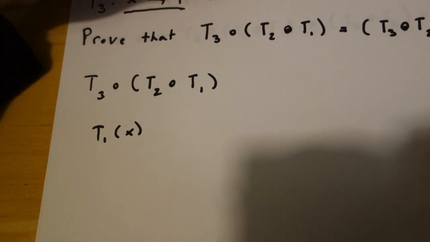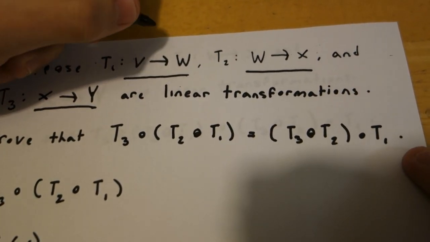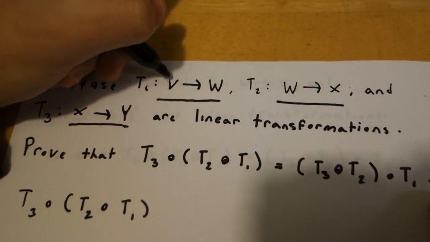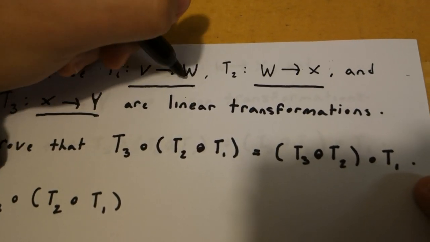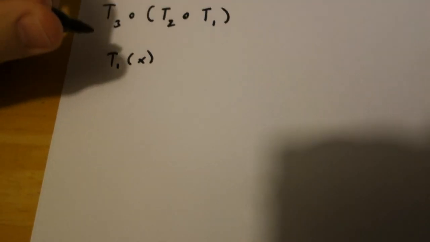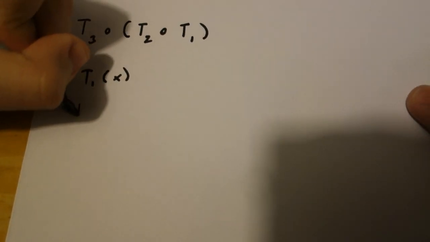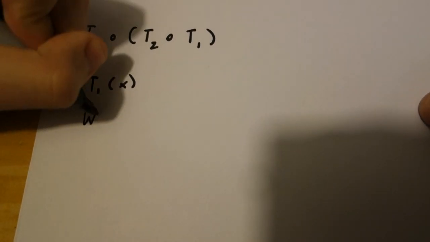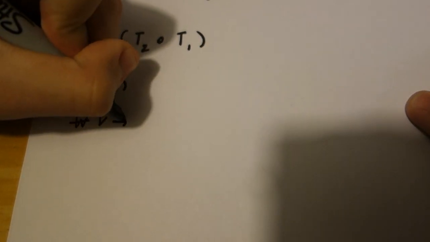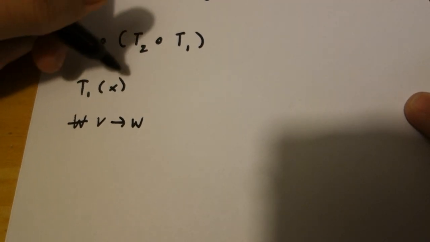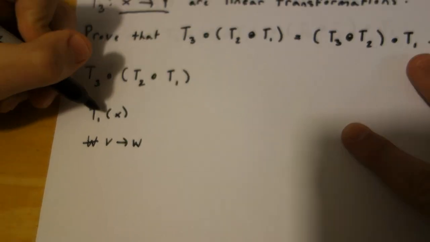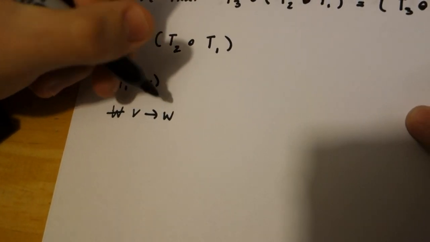T1 takes in a vector in set V and maps it into a vector in set W. So once you apply the transformation, you're going to get a vector in set W.